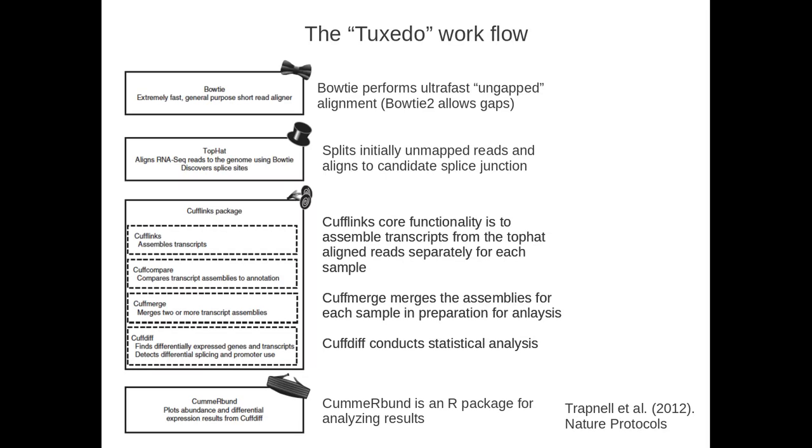So in the homework, what I have you do is look at a rice data set in which we have a control sample of rice, a pair of samples, that is, where we have rice grown at a particular temperature, and then we have a treatment, a pair of samples where those plants were grown at a much higher temperature. And so this is a conventional experimental design where we have multiple replicates.